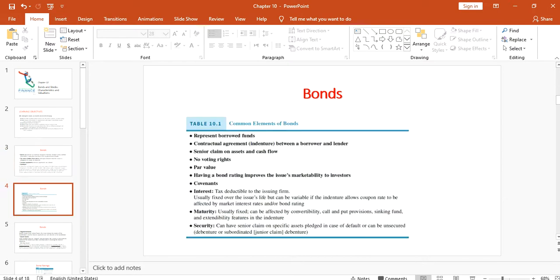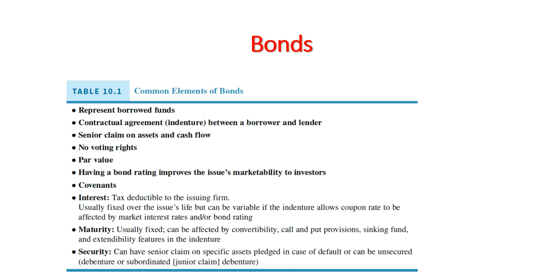So what are the features, the characteristics of the bond? We have them here. It represents borrowed funds. This bond is placed on an official paper agreement between the two parties, the lender and the borrower, the seller and the buyer of the bond.